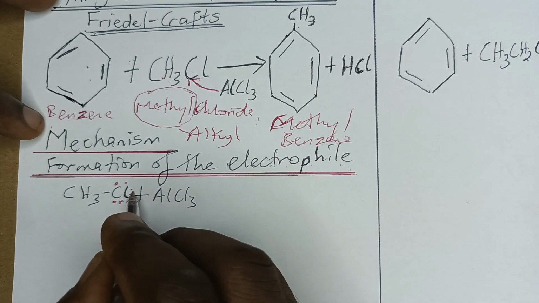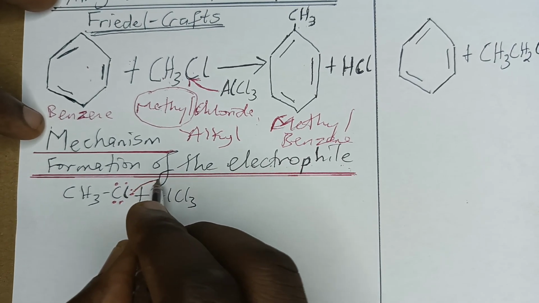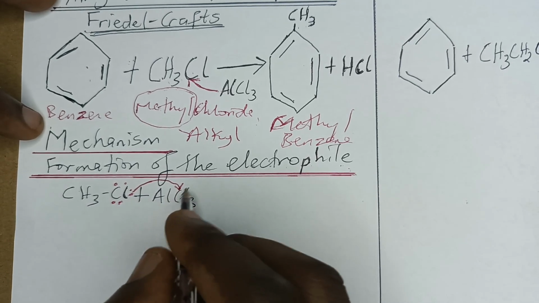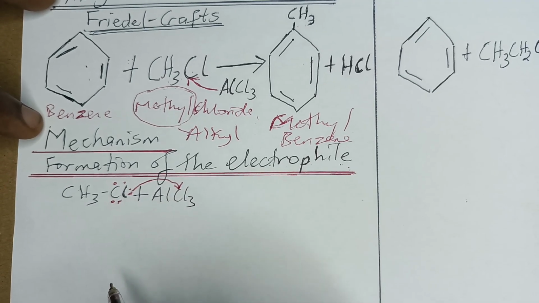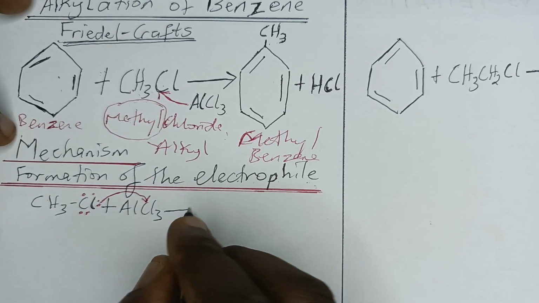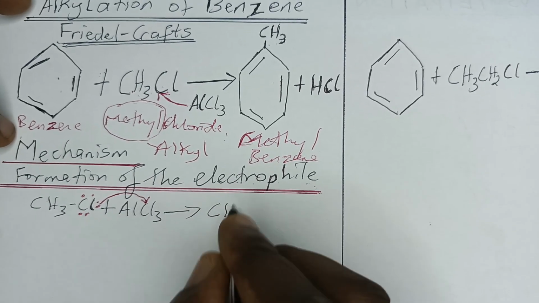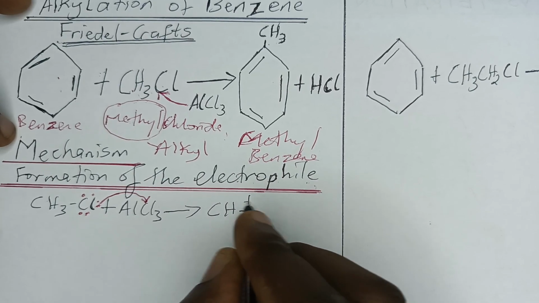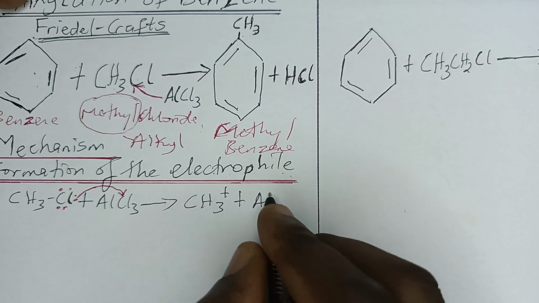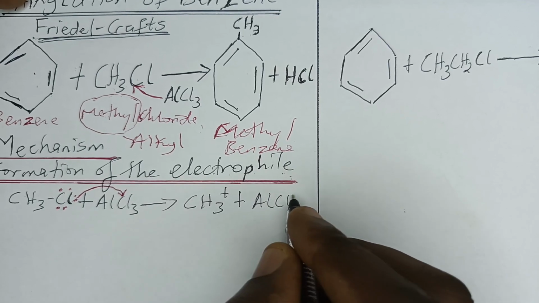Now, what happens is that this electron, which is negative, goes to attack this, because this is also having some lone pairs of electrons. When it attacks this, it gives us this. We now have CH3+ plus AlCl4-.